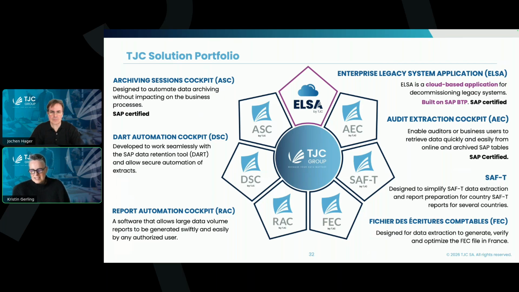Those are called SAFT. You have different ones for different European countries, Portugal, Norway, Spain, etc. And then there is one called FEC that is for France, a specific audit extraction tool that is conformed to the requirements that the French government has.